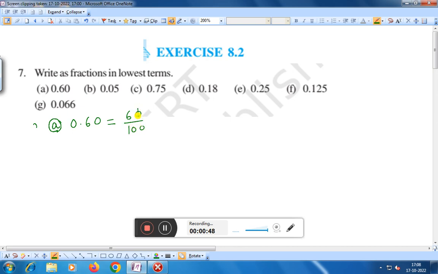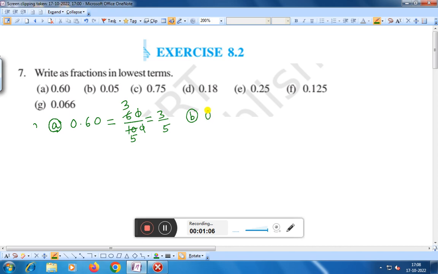We cut this 0, and if we divide both the numbers by 2, that is 2 3s are 6 and 2 5s are 10, then we are getting 3 by 5.